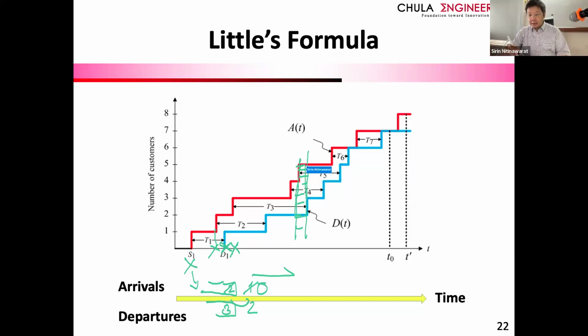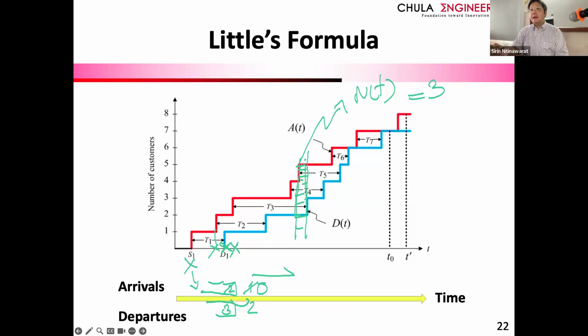What is N(t)? Just look at the size of the staircases. The shaded period, what is the size of N(t)? N(t) is A(t) minus D(t), remember? So it's 1, 2, 3. N(t) is equal to 3 in that period.